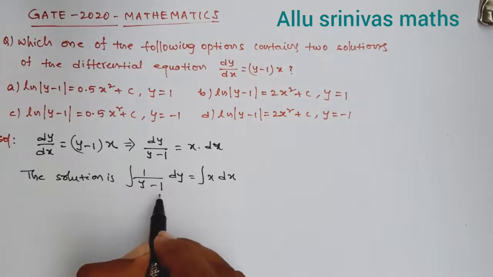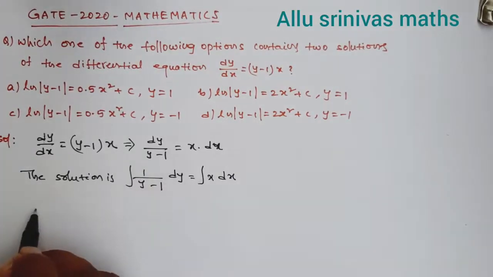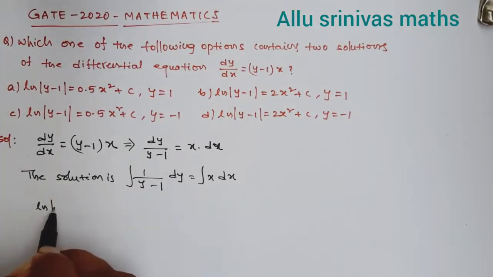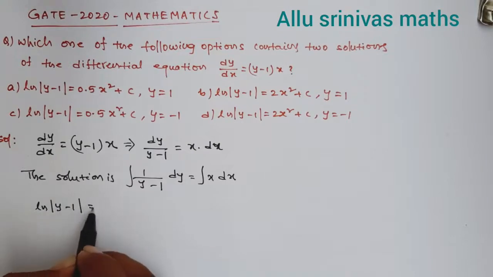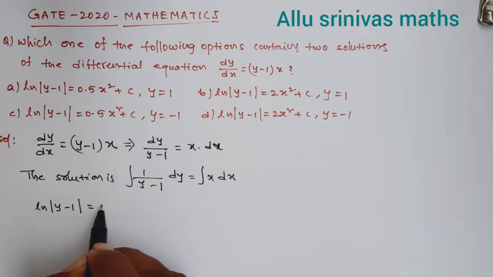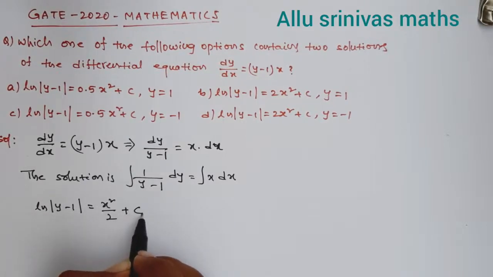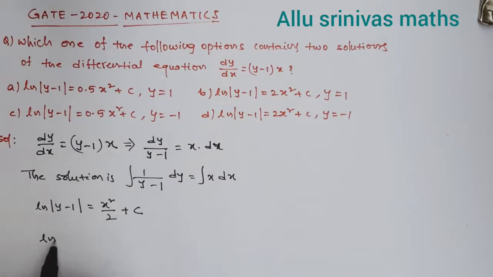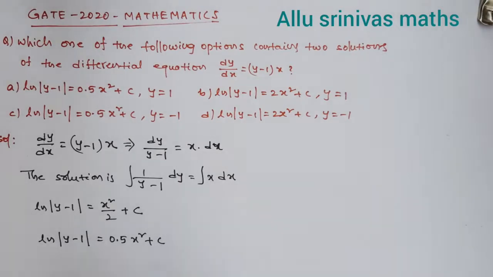We know the integral of 1/(y - 1) dy equals log|y - 1|, equal to the integral of x dx, using the x^n dx formula, so x squared by 2 plus c. It can be written as 0.5 x squared plus c. This is one solution of the given differential equation. Check options.